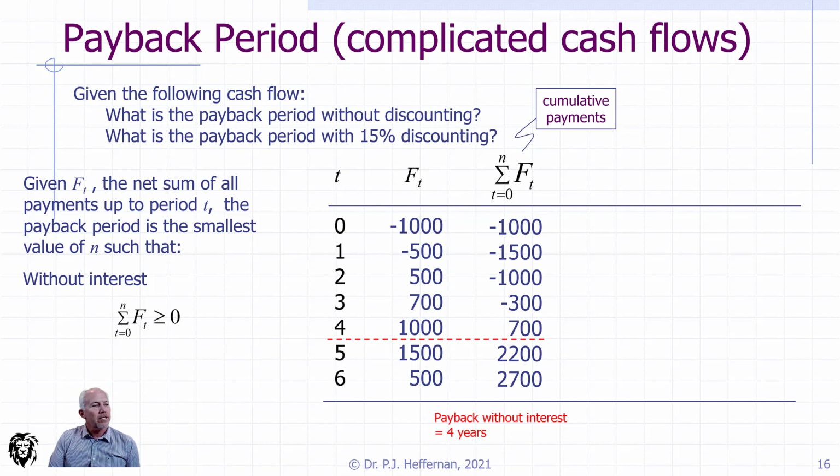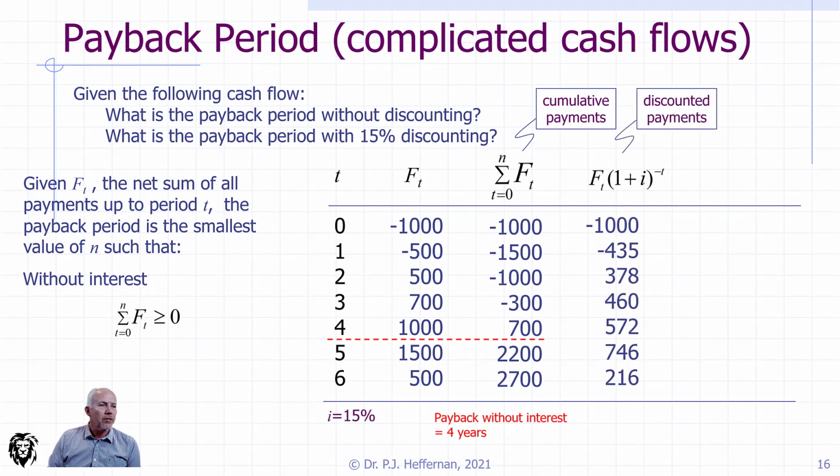So now if we wanted to continue this problem, just by adding a couple of columns to our spreadsheet we can get our discounted payback period. And so we take our payments and we multiply them by this formula, 1 plus the interest rate, all to the power of negative t, where t is the time period that you're in.